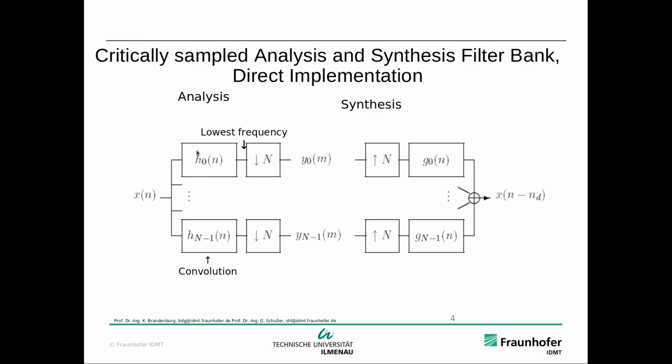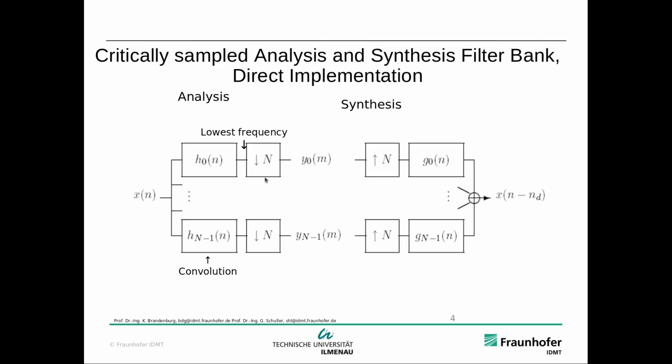So this looks like a low-pass filter basically. And then we have many bandpass filters covering evenly our frequency spectrum. And this is then the last one, which would be a high-pass filter. So we assume that all of those filters have the same bandwidth. And that's also why we can downsample them with the same downsampling factor.